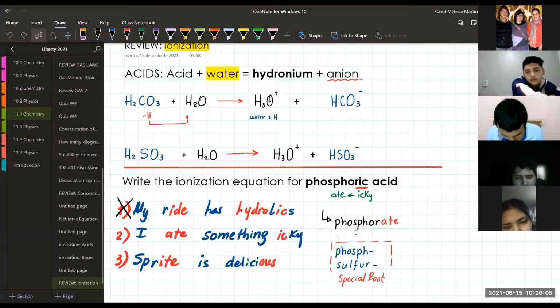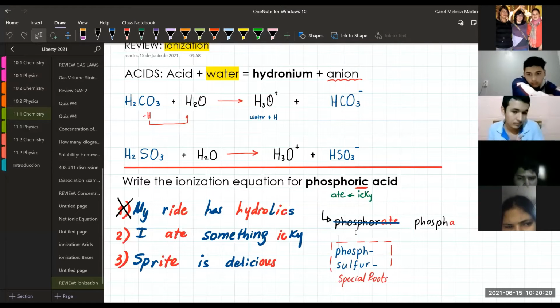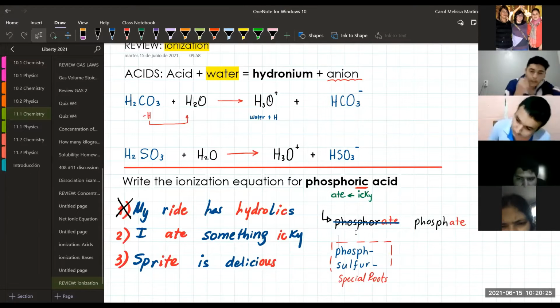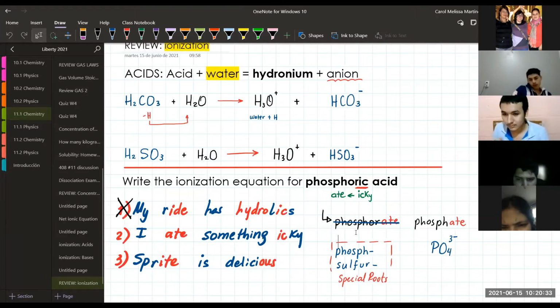So it's not phosphorate, it's phosph, the root, and the ending ATE. Phosphate. The ion phosphate has this formula, PO4, and the charge is 3 minus. So we're talking about an acid that has the ion phosphate, and because it is an acid, you're just going to write the hydrogen and the plus ion above.